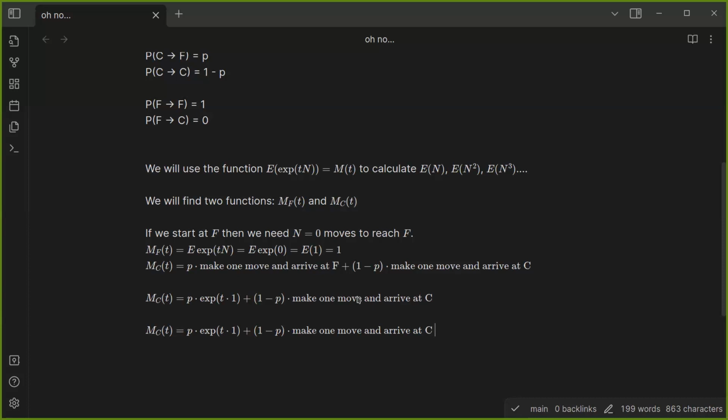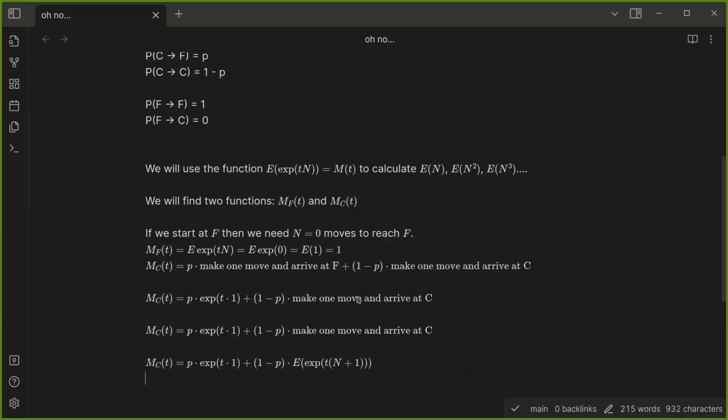So how to write it in mathematical form? It is the expected value of exponent T, and here is a very interesting idea. I just write N plus 1.